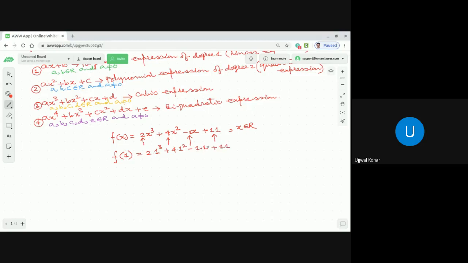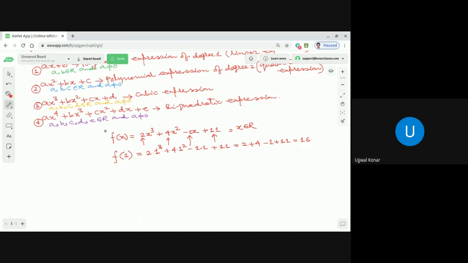So we will get 2 plus 4 minus 1 plus 11, correct or not? That becomes 16. So what is the value of the expression? The value of the polynomial expression at x equal to 1 is 16.